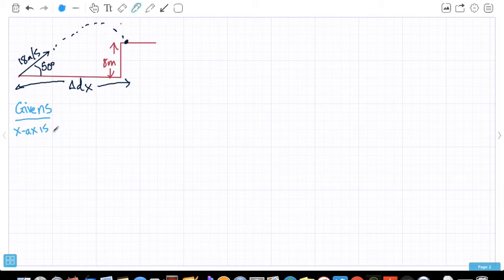So let's start with our x-axis. We know the x component of the initial velocity is equal to the magnitude of the vector multiplied by the cos of 50 degrees, and that's meters per second to the right.